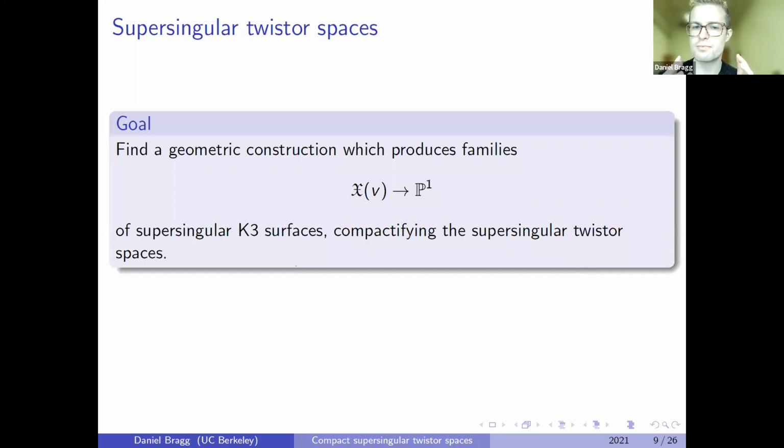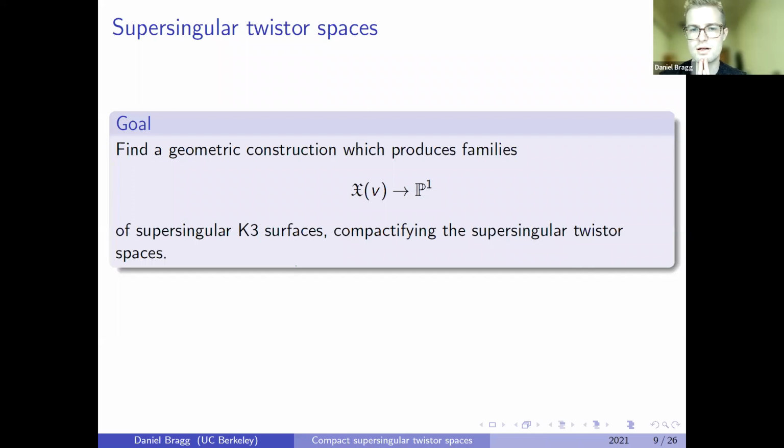One knows, from the general theory of supersingular K3 surfaces, that there does exist a family over P1 extending this family over A1 that I just produced in the previous slide. A special case of this is the Moret-Bailly family extending one of these. In fact, that essentially always happens, that there does exist a K3 at infinity filling this in, but the construction that I had on the previous slide only gives families over A1.